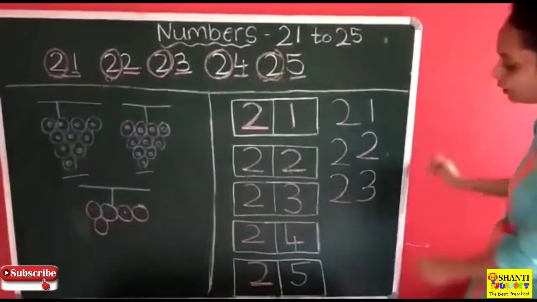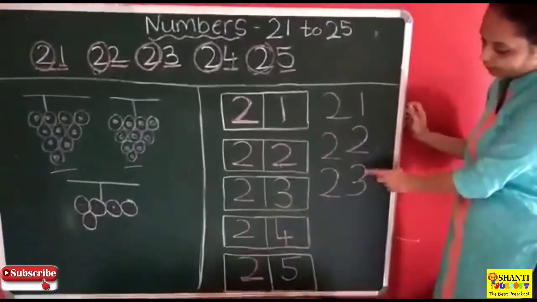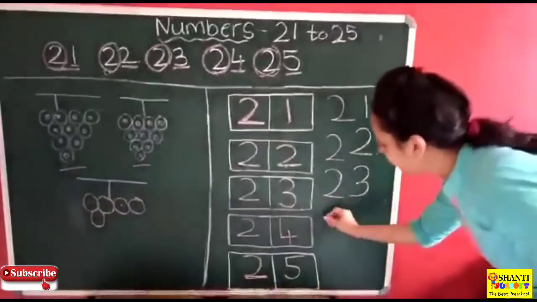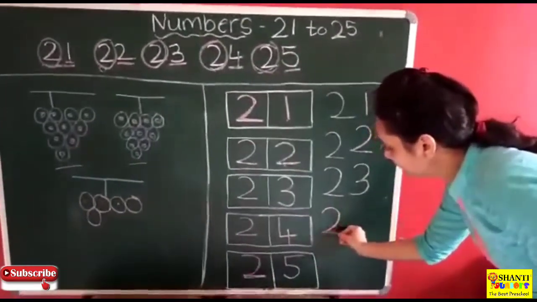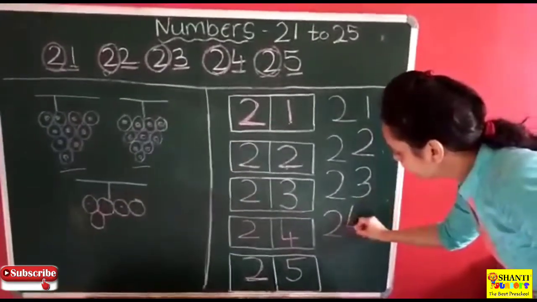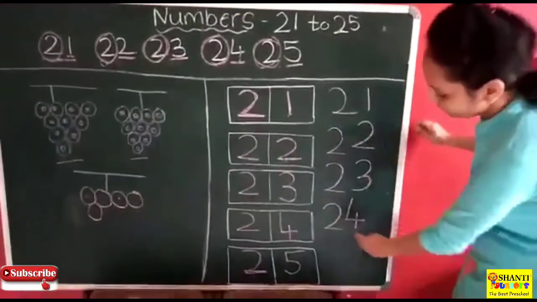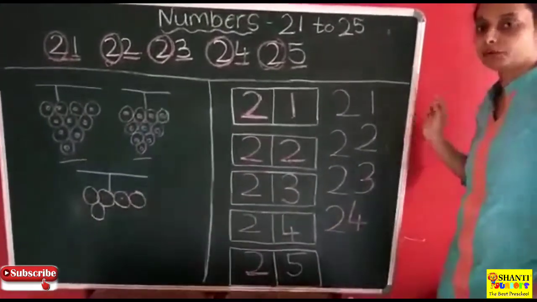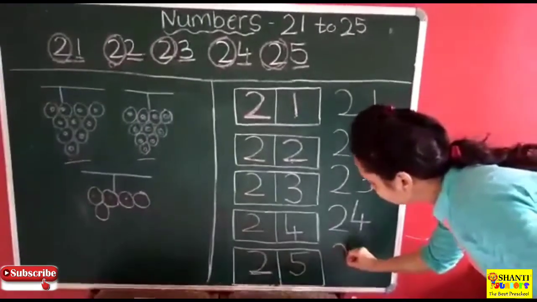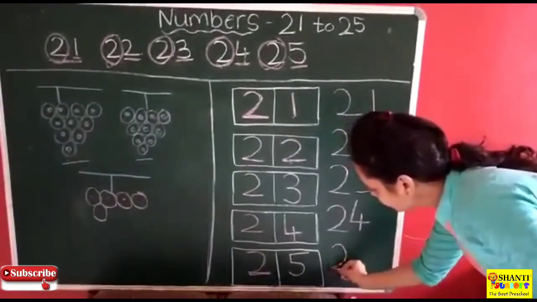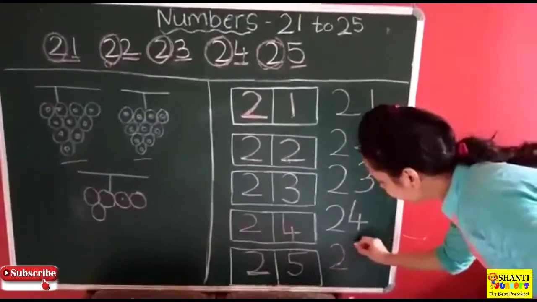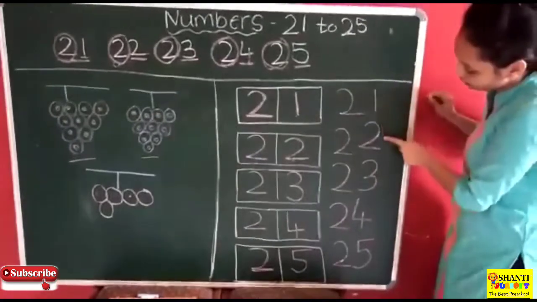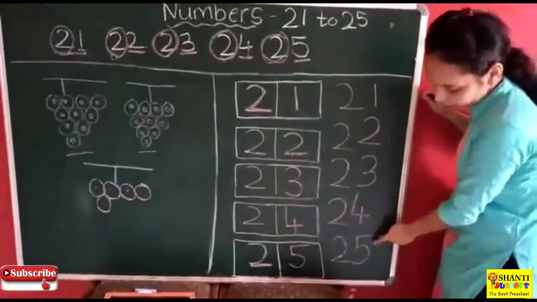You know now how to write number 3. Like this you have to write. So it becomes 2, 3, 23. Now 24: curve, slipping line, standing line, slipping line and standing line. So it becomes 2, 4, 24. Now curve, slipping line, standing line and curve. It becomes 5. 21, 22, 23, 24 and 25.